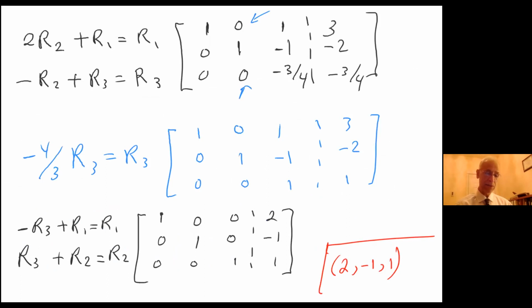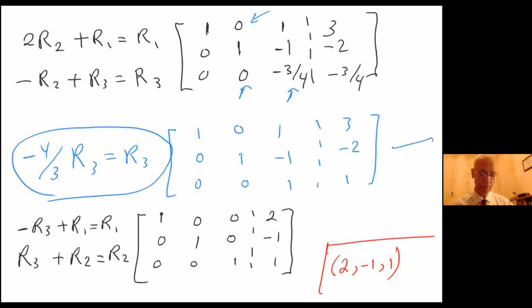After that, I'm going to multiply row 3 by -4/3 to make this a 1. So row 1 and row 2 remained unchanged on this step.